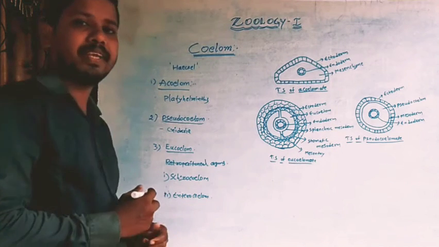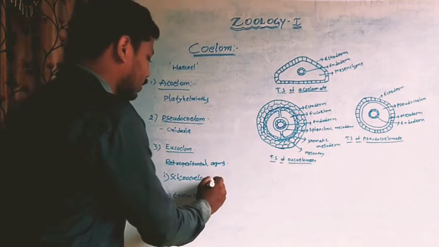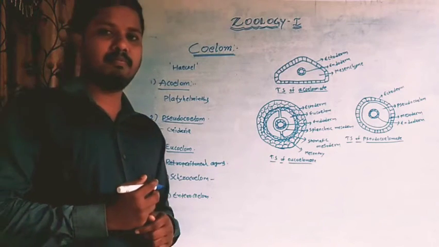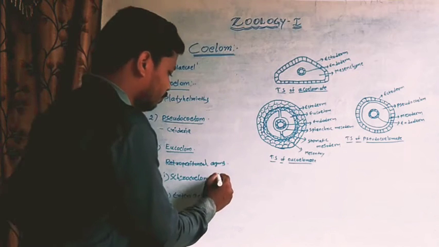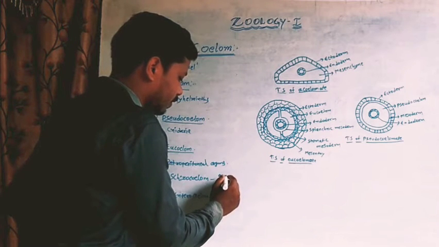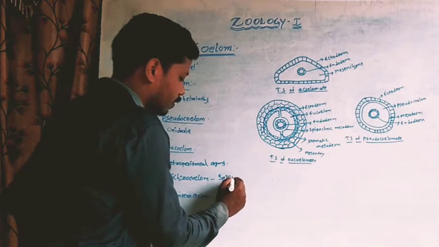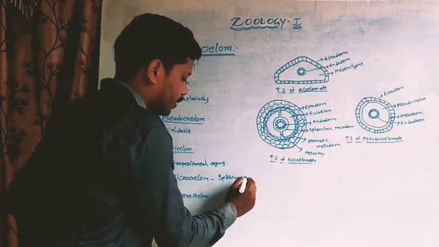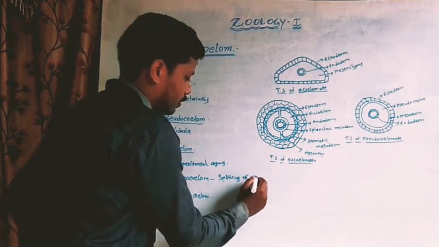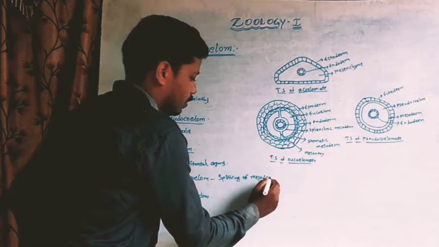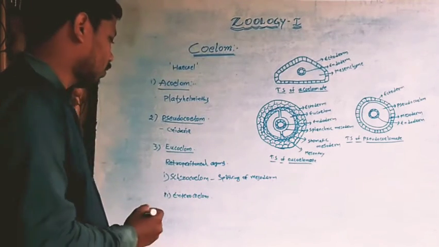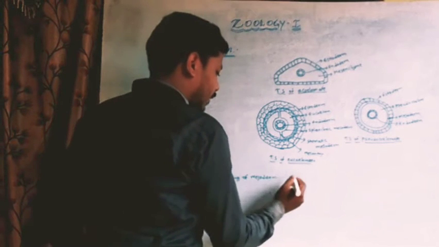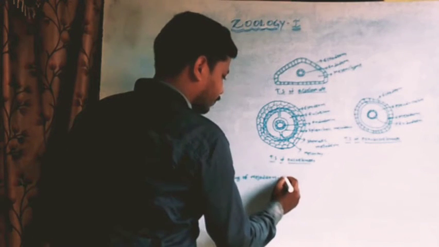Schizocoelom means the cavity is formed by the splitting of mesoderm. The cavity formed by the splitting of mesoderm is called schizocoelom.